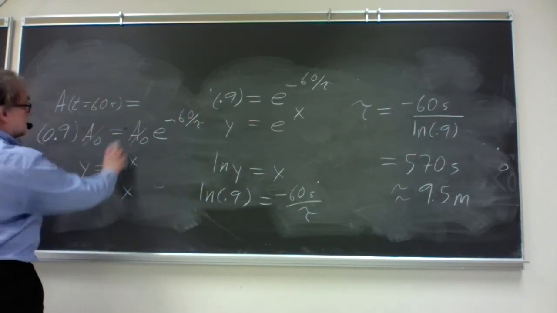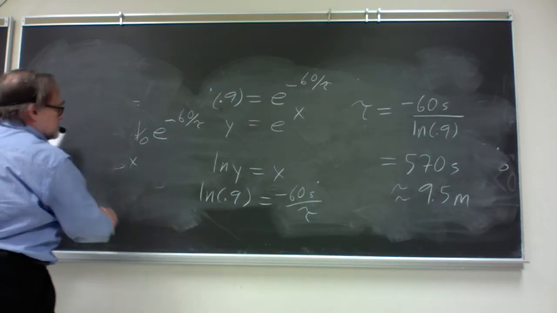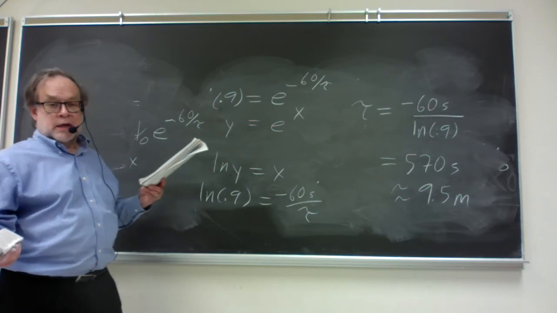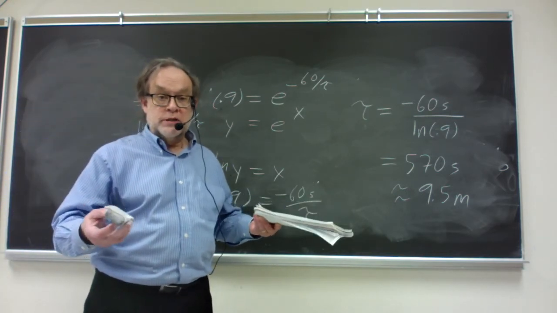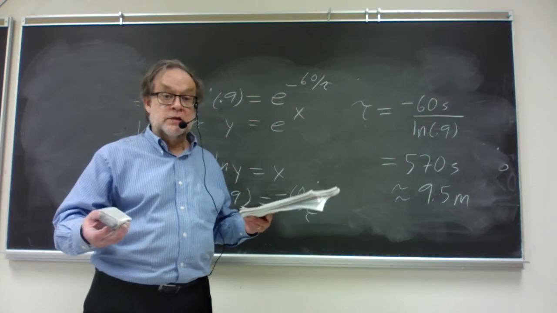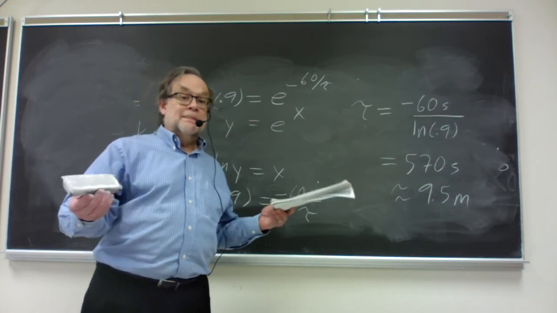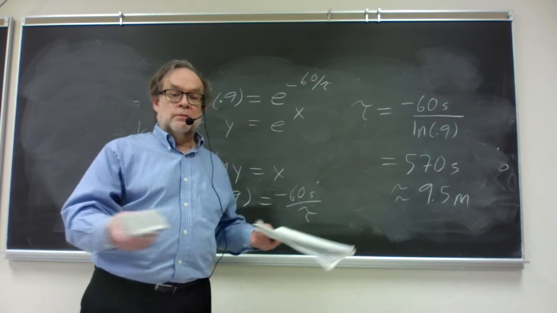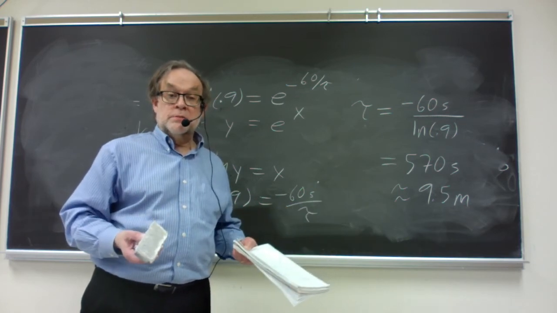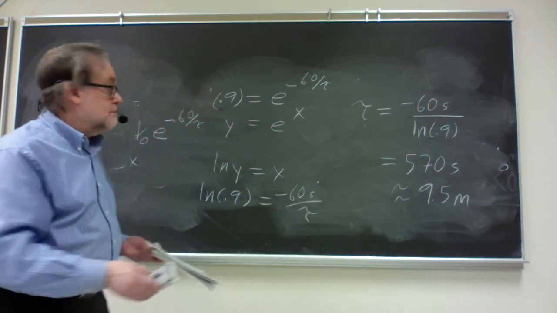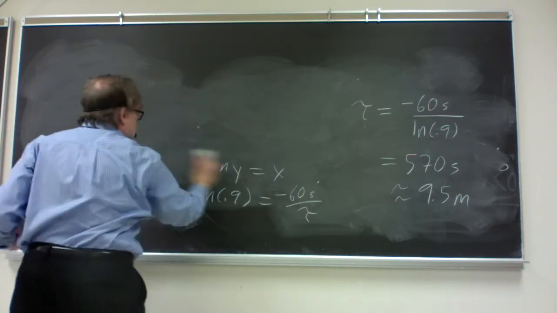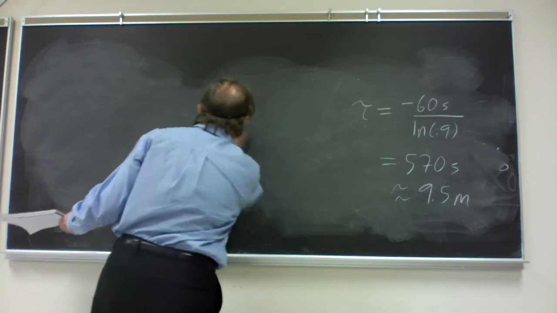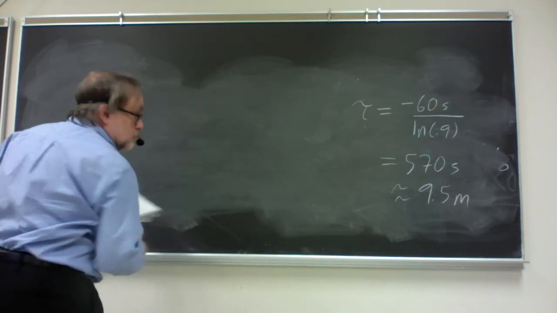Let's try one more example. In this case, let's say we know the time constant. We have enough information about the forces in the system to figure out the time constant, and we want to know how long it's going to take for that system to decay away, for the amplitude to decrease by any particular amount.